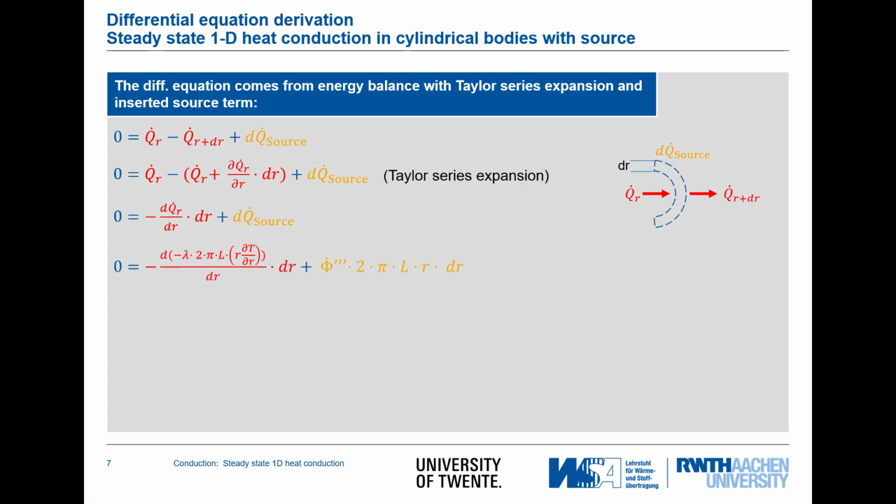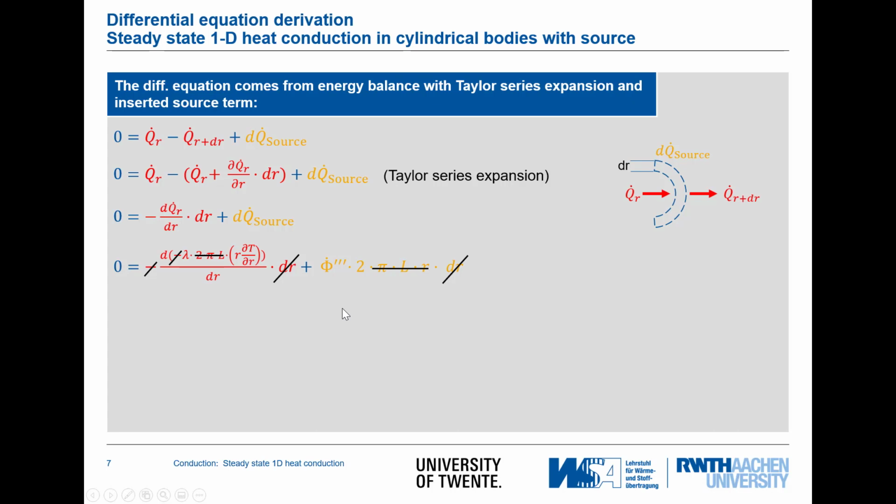And in this equation, we already see that 2 pi L is appearing on both sides. The dr is also appearing on both sides, very important. We know that this dr, this infinitesimal length element, needs to cancel out. And here, this is a differential with respect to r, and here we have another second differential.